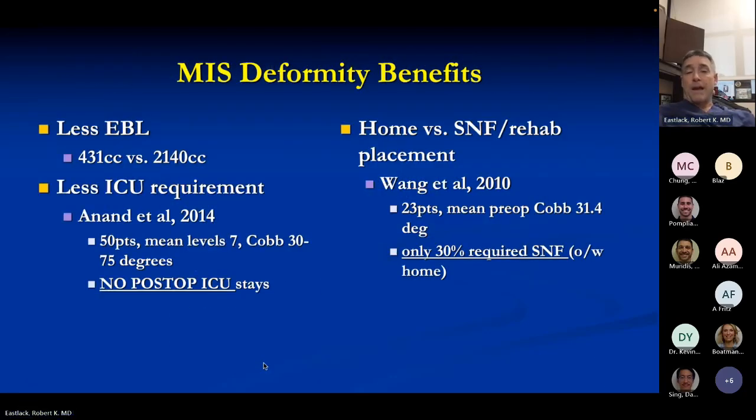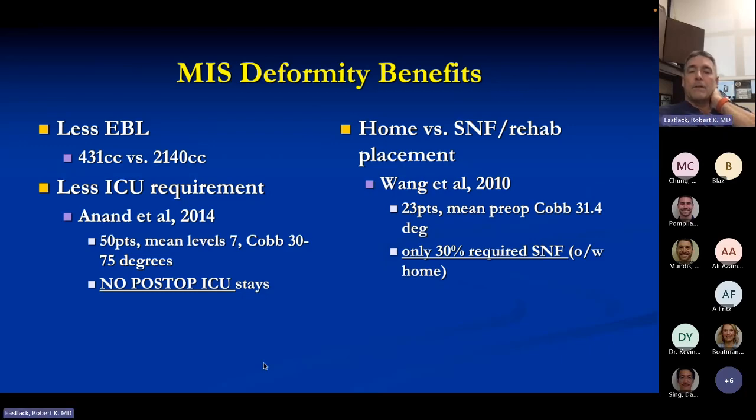So, what are the benefits of deformity correction with MIS? Well, you certainly have less EBL. You see that up on the top left. Less ICU requirements. Neil Sheth showed that he was doing a lot of these surgeries with no post-op ICU stays, and I think that's largely been the case with most of the studies, that there's a diminishment in the critical care nature of some of these surgeries, even with similar levels of deformity.